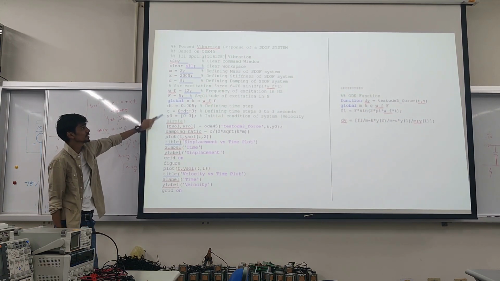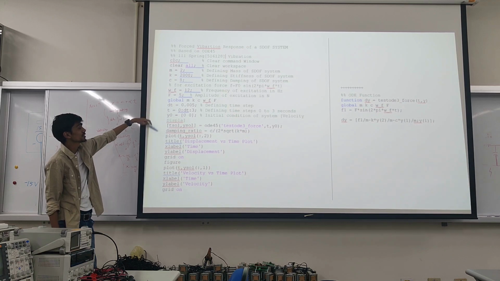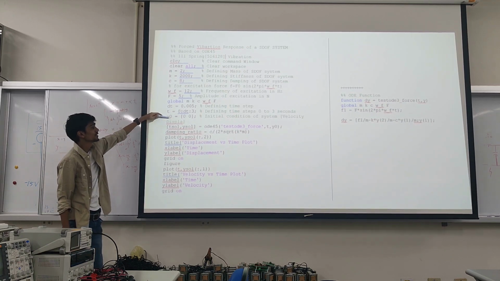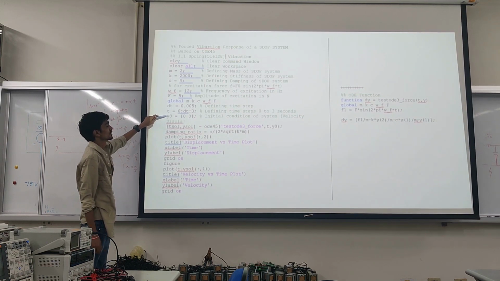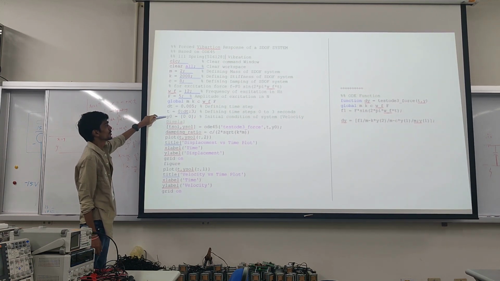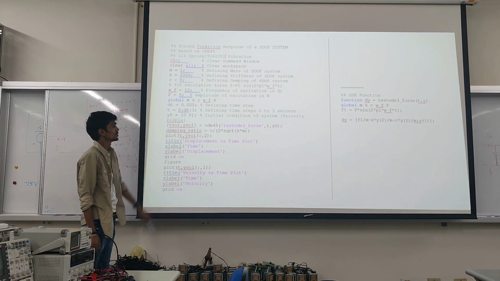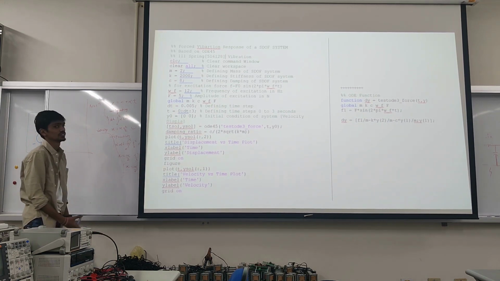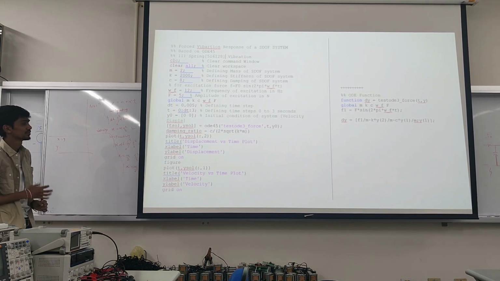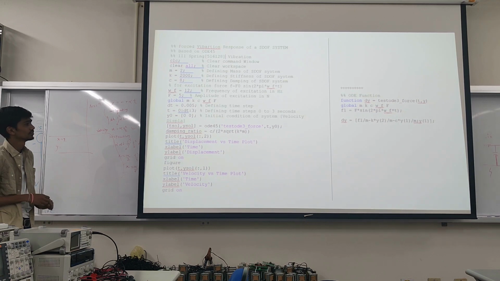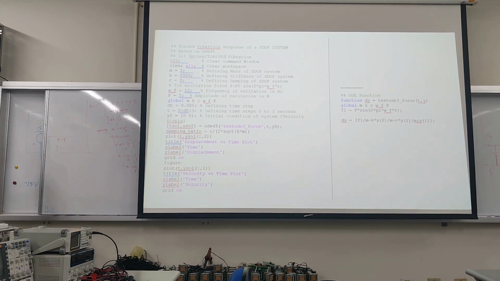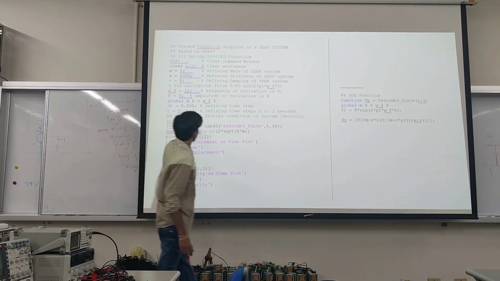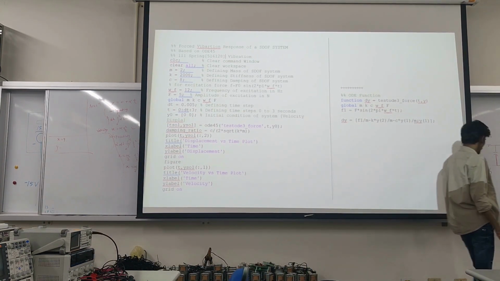In this code, can anyone tell me what is the problem in this line? Can anyone tell what is the problem in this line? Is it right or wrong? Y0, 0, 0. This line, is there any problem? Initial displacement.